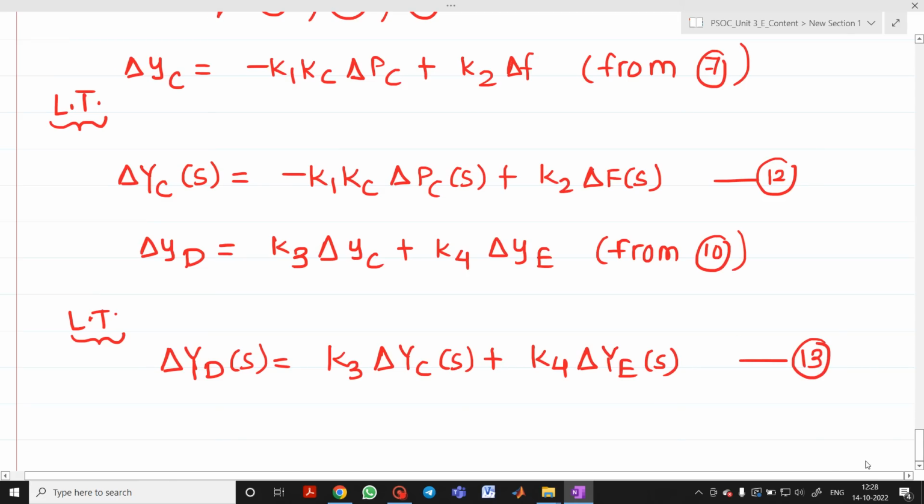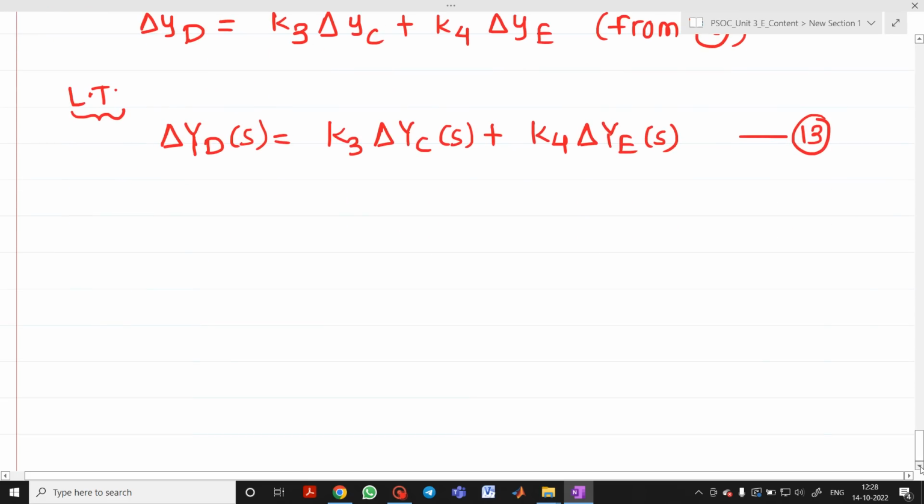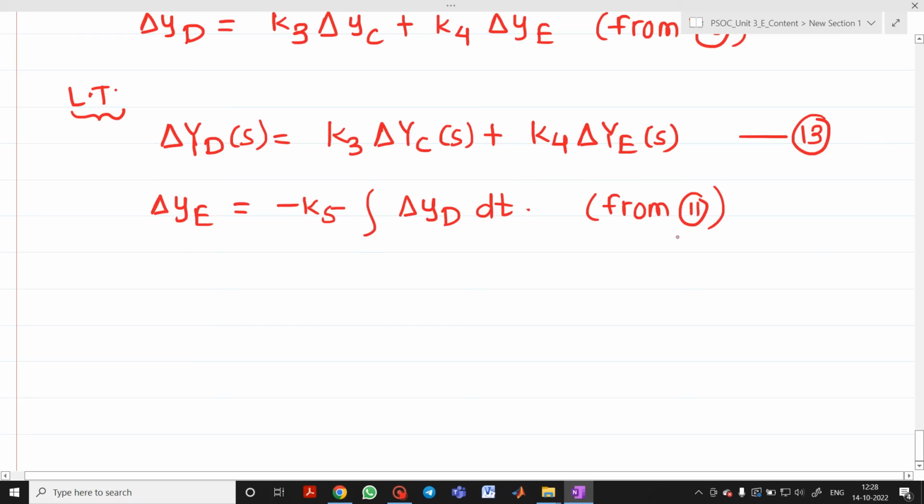So we have taken the Laplace transform of equation number 10, and what is equation number 11? It is delta ye will be equal to minus k5 integration of delta yd into dt. We got this from equation number 11.